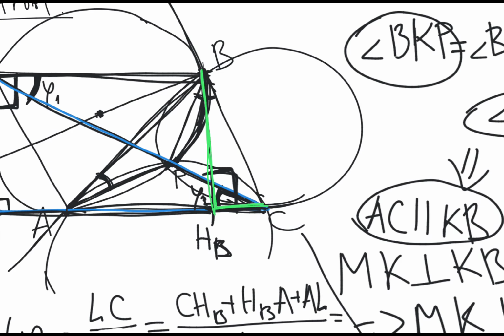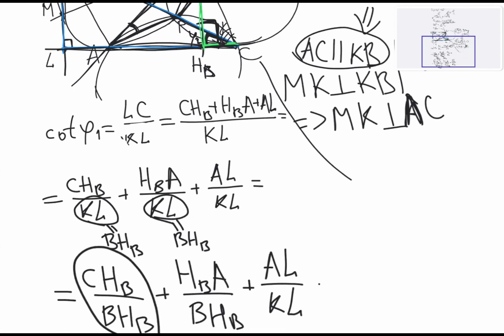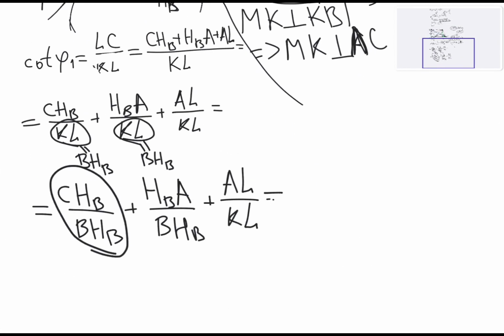So the ratio of these 2 sides is exactly the cotangent of this angle, of angle C in the triangle, which is gamma. So the first fraction is exactly cotangent of gamma.